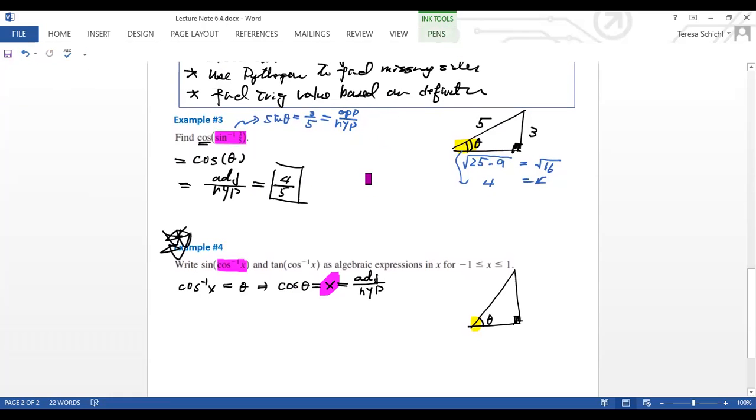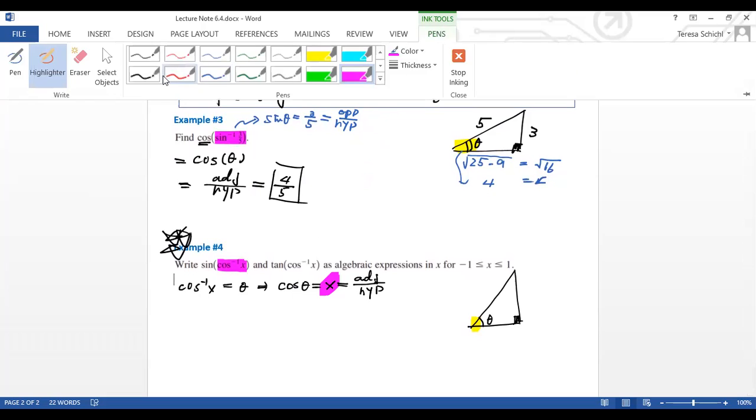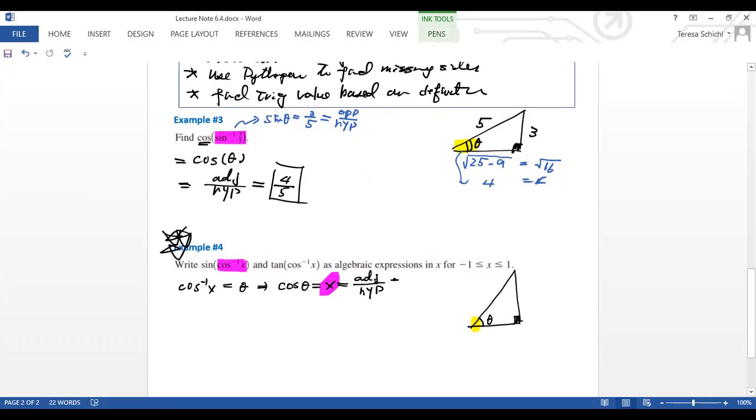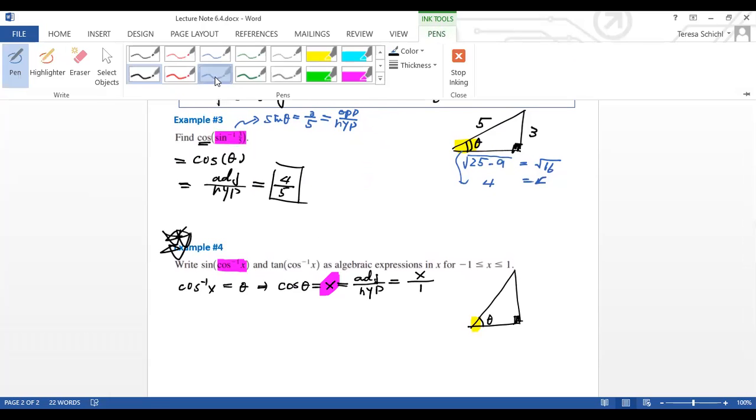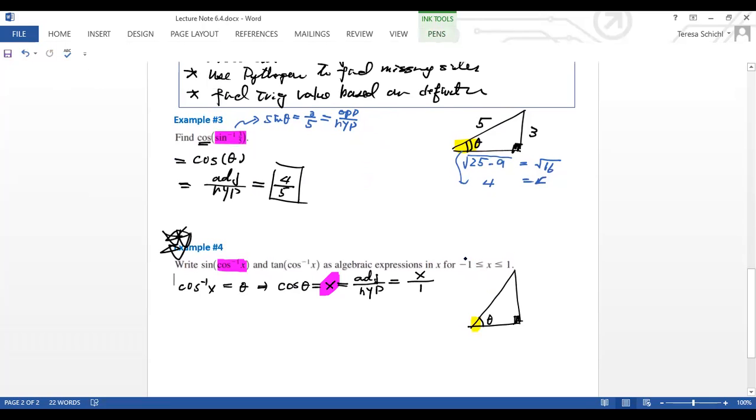So which one is adjacent and which is hypotenuse? I can rewrite x as x over 1. That's why x has to be between 1 and -1. So the hypotenuse is 1, and the x is here. That is my write out.